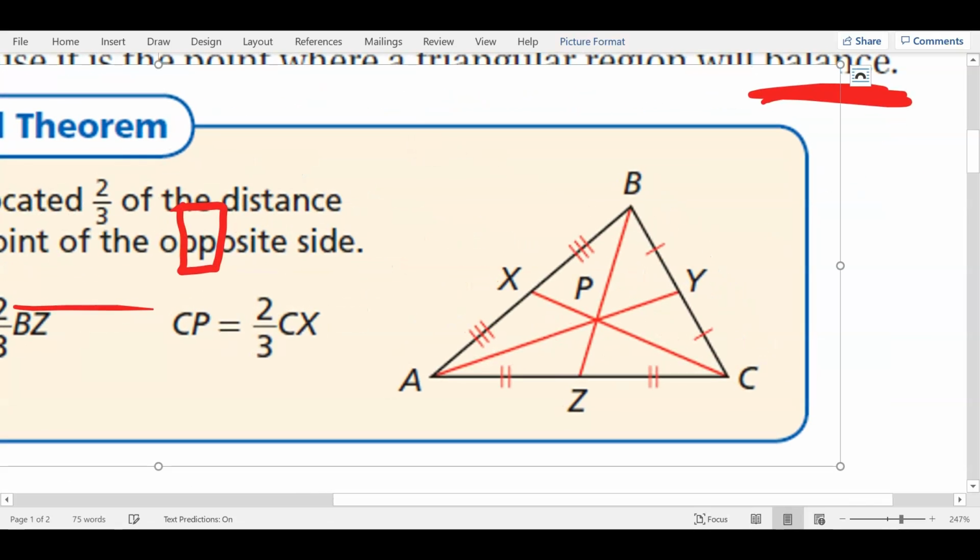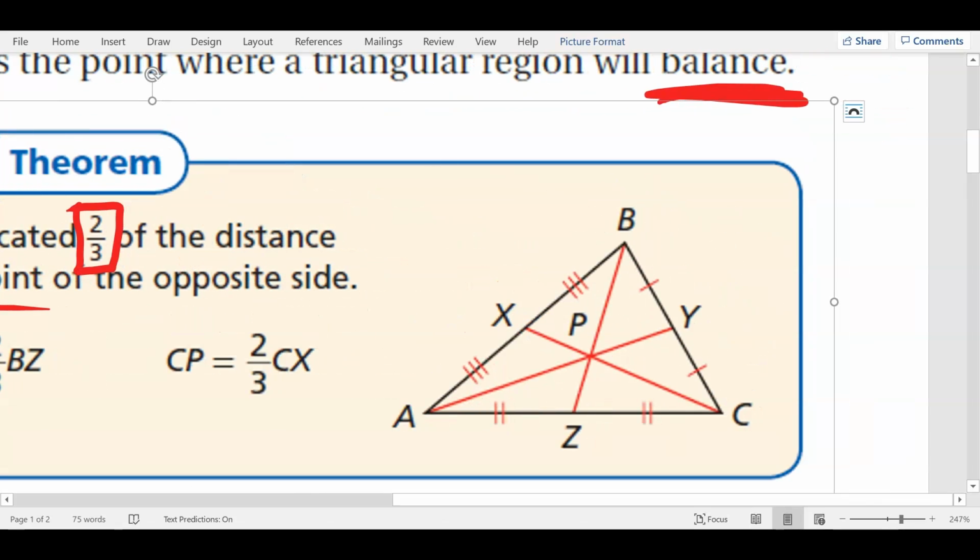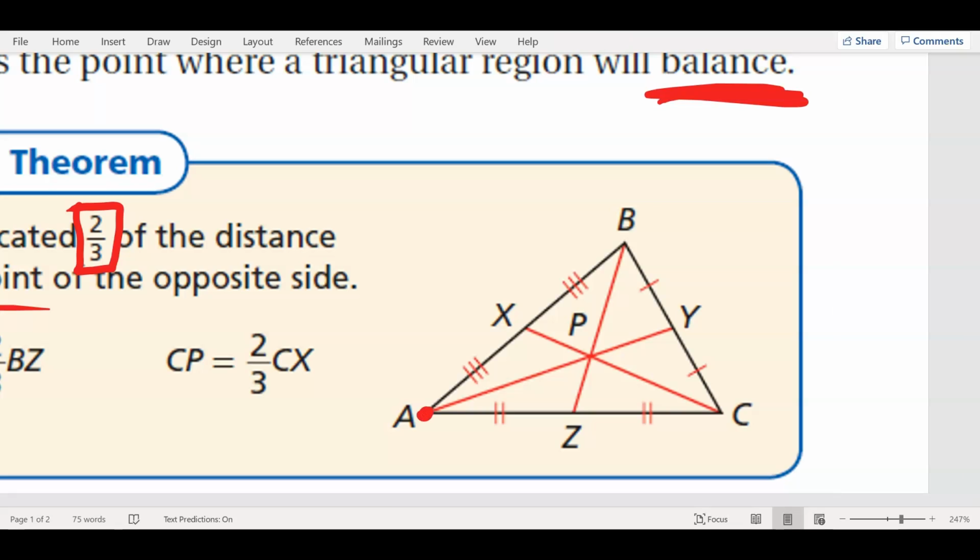Okay, so it says it's, goodness gracious, 2/3 of the way. So everybody, between A, the vertex, and P, the centroid, go ahead and put 2/3. You're going to have to write small. 2/3. Okay, that bigger section is 2/3 of the way.